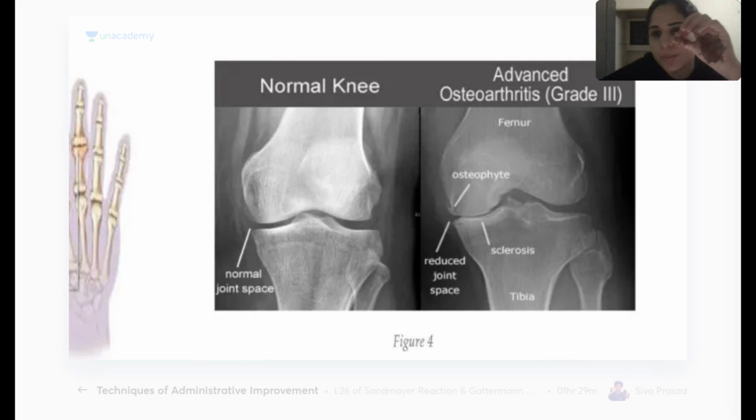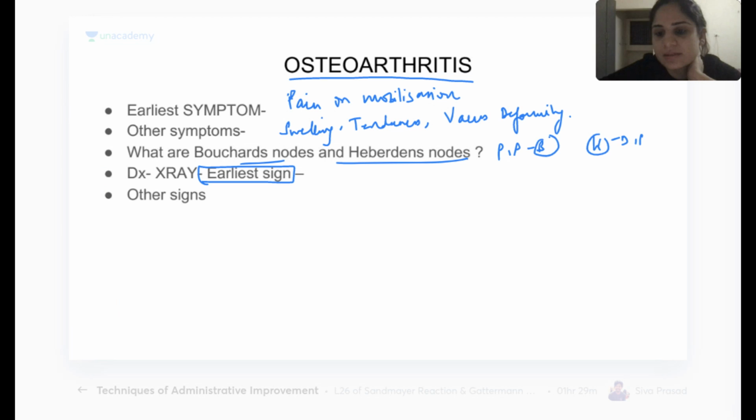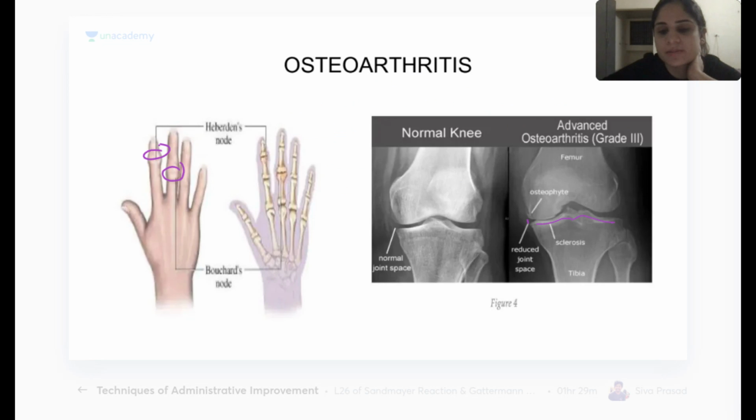This is new bone that is formed, new sharp bone because of continuous wear and tear, and you will see sclerosis of the opposing surfaces of the joint and reduced joint space. So, what is the first sign to see out of all of these? Yes. So, the earliest sign is reduction of joint space.